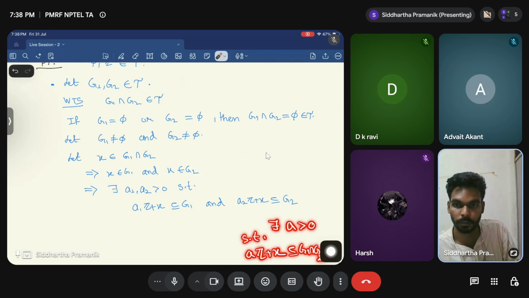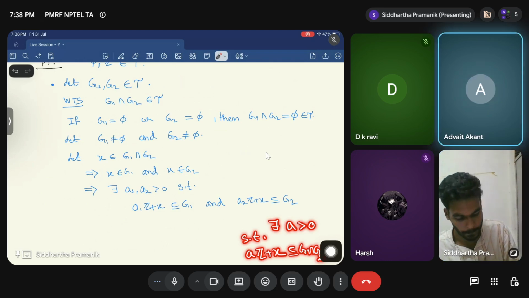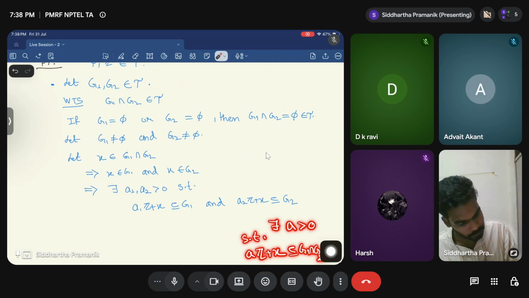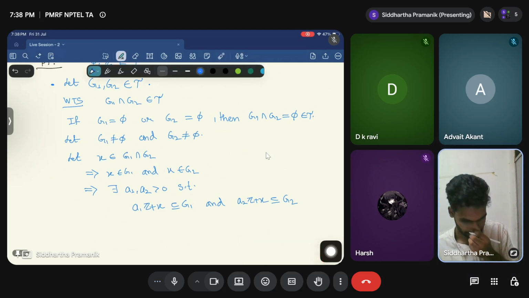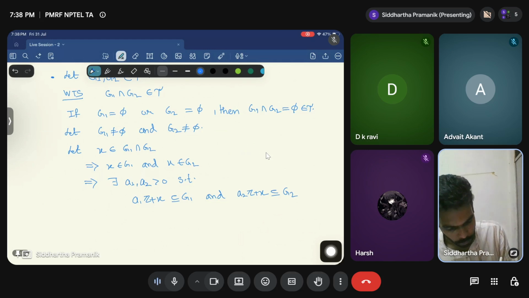Now, can you guess how to do this? Sir, the LCM of a1 and a2. Yes, but even if you take just the product, that will also work. So let's claim a1a2Z plus x is a subset of G1 intersection G2.